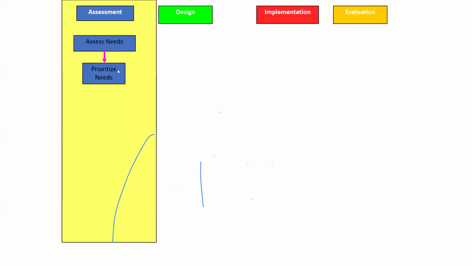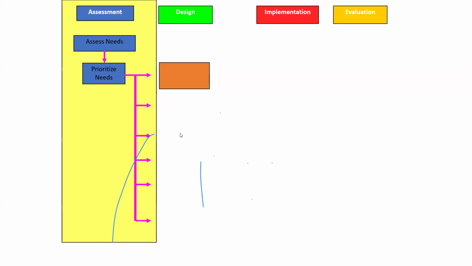Assessing the needs and prioritizing the needs. In this step, we have to follow two sub-steps, two stages in this particular step. First, assessing the needs, then prioritizing the identified needs. Those are the two steps.